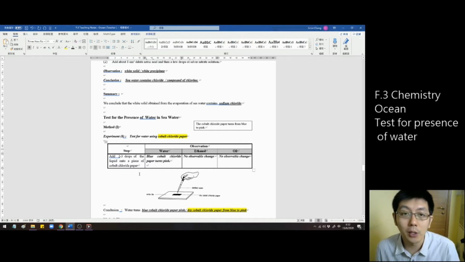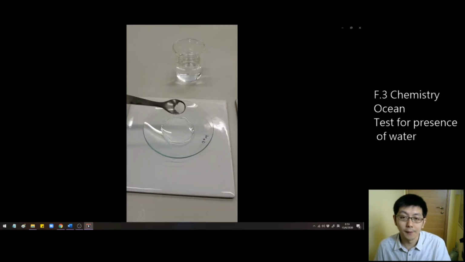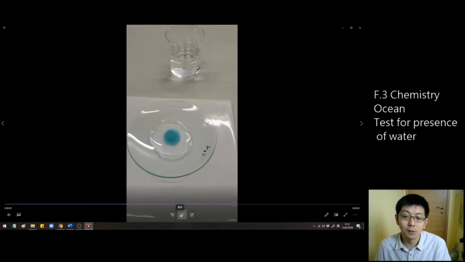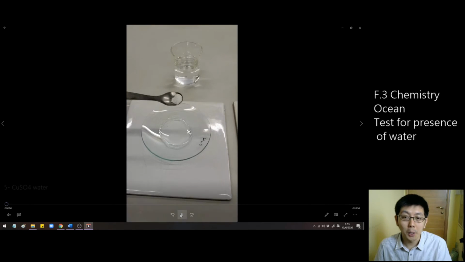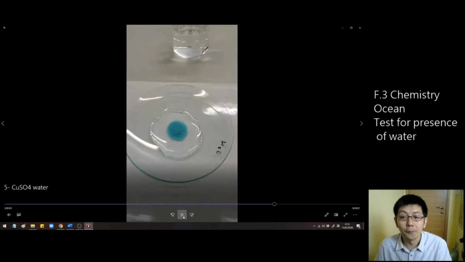I have recorded a video and show you here. First, we add the anhydrous copper(II) sulfate solid into the water. See. Okay, it turns from white to blue. Now how about if we put the solid into oil and ethanol respectively?